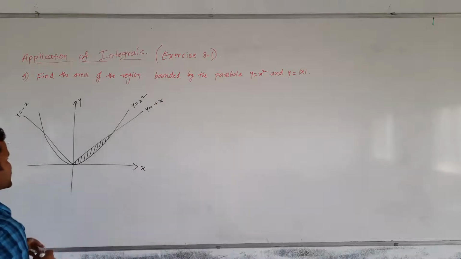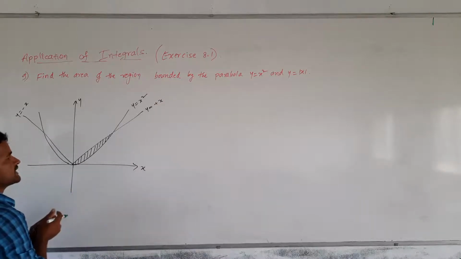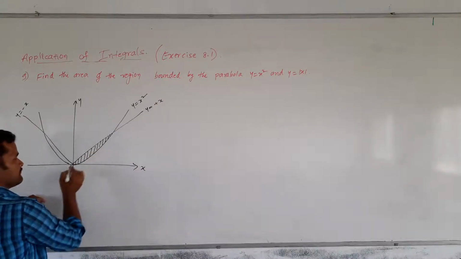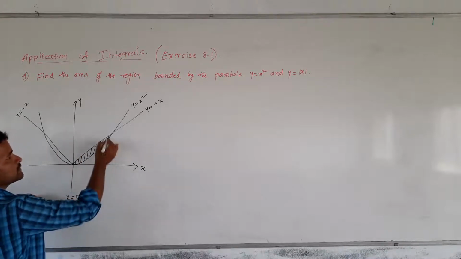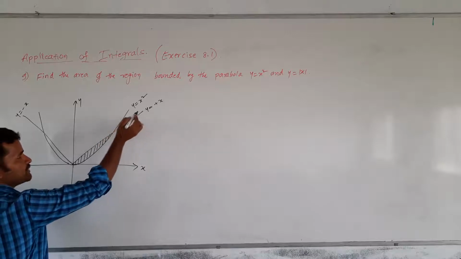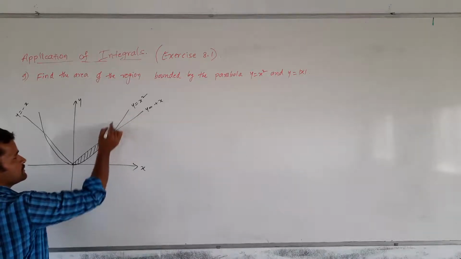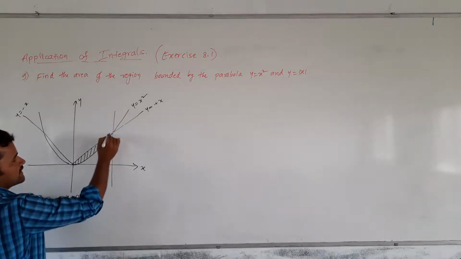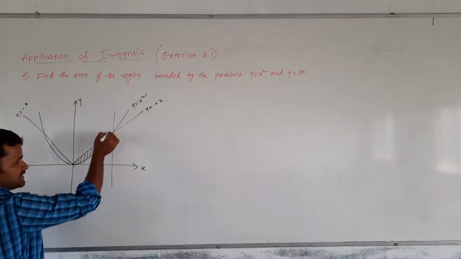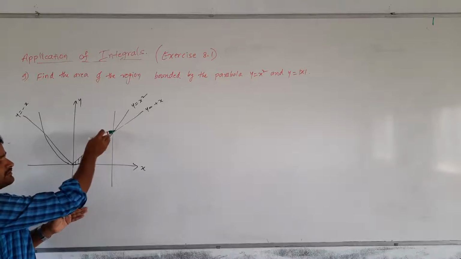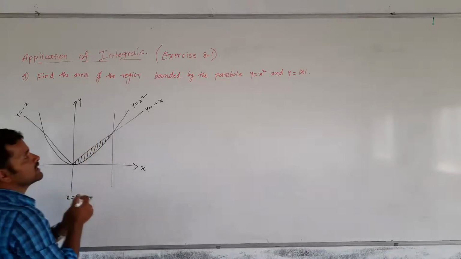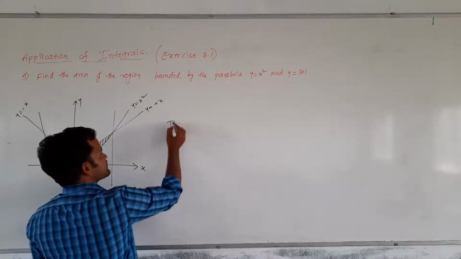This is y is equal to plus x. From where to where is this area bounded? You see, from the y-axis, x is equal to 0 line, to the point of intersection of y is equal to plus x and y is equal to x square. Here is the point of intersection. What is its equation? We will get it by solving y is equal to x square and y is equal to x.